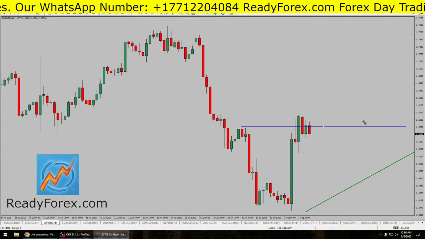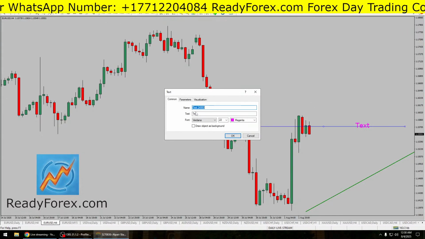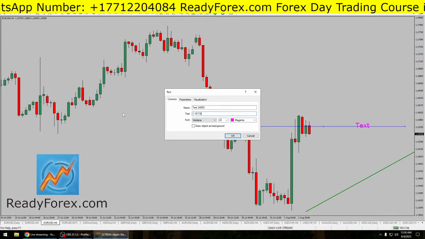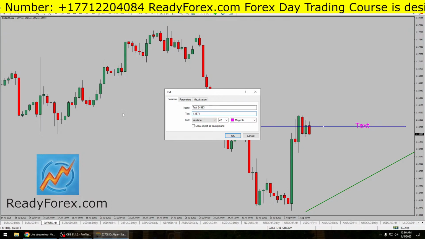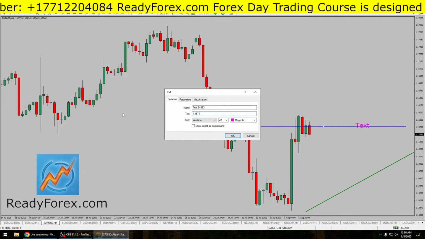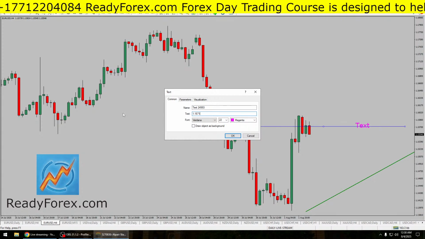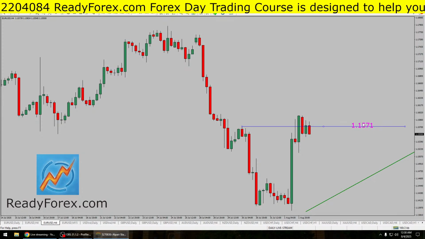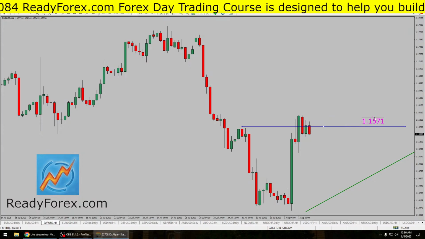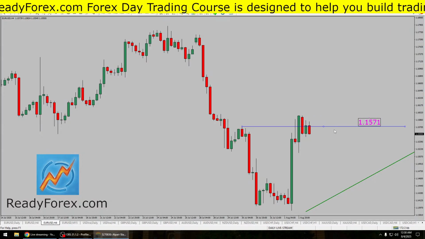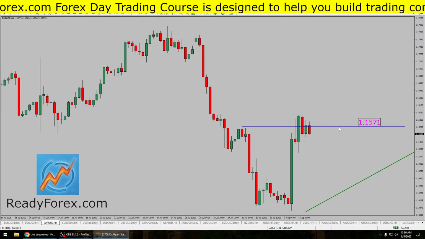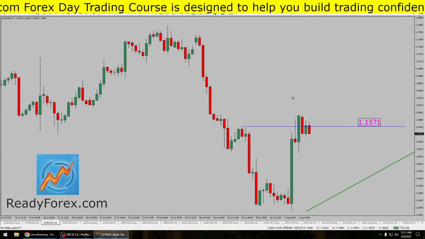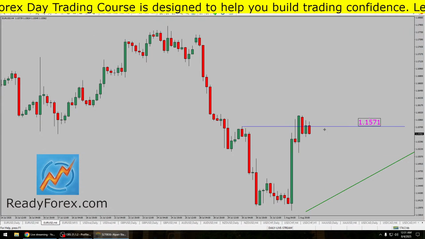Okay, so this is the level, the old swing high, 1.1571, that's the level. So once we get another bullish candlestick close above this level, then we might consider this as a correct breakout.